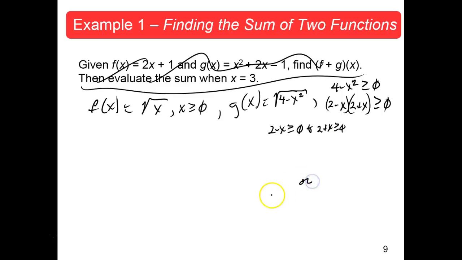Or 2 minus x is less than or equal to 0 and 2 plus x is less than or equal to 0. You got two possible cases here, both positive or both negative. The only way you can get that to be positive, greater than or equal to 0. So let's solve both of these and see what we get.